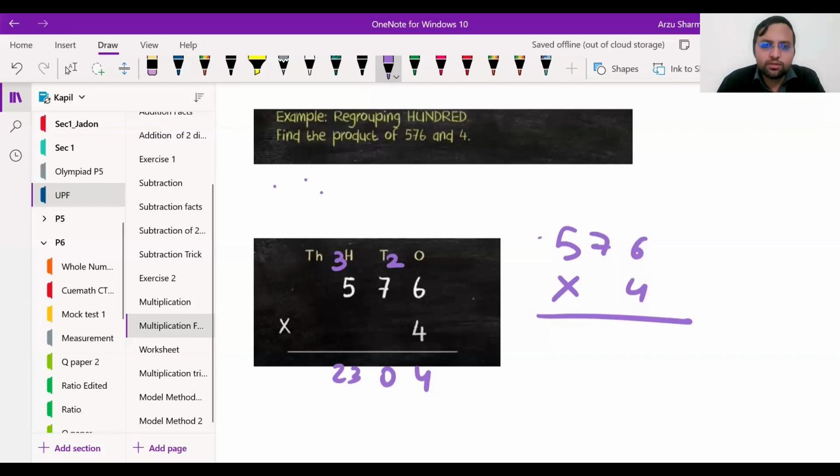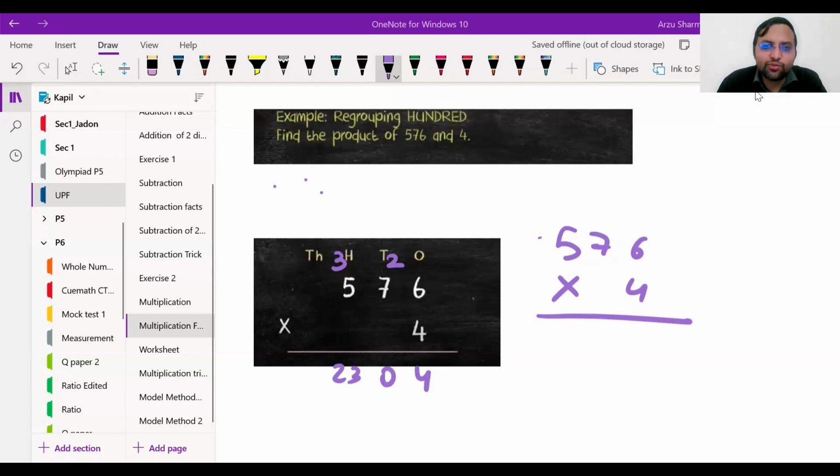Guys, no, that's not correct. Yes, it should be 2304.